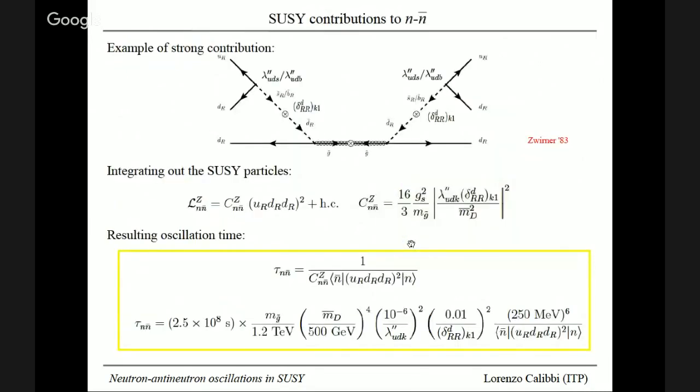Okay, so let's come back to our n-nbar oscillation process. As an example, I will just consider this diagram that was for the first time proposed by Zwirner already long ago, as you can see. So this gives rise to our 6 quark operator.